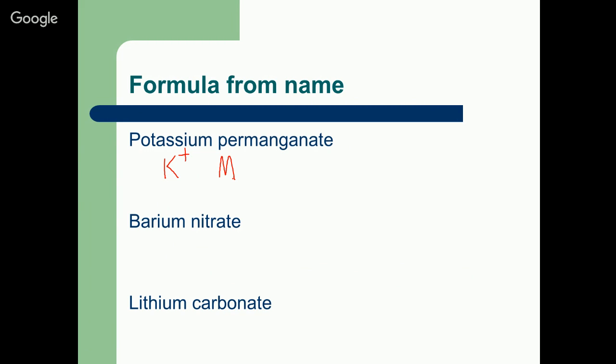Permanganate is MnO4 -. Now we can do the crisscross method like we saw in class this week. With +1 and -1, the 1s cancel out, so our formula is KMnO4.